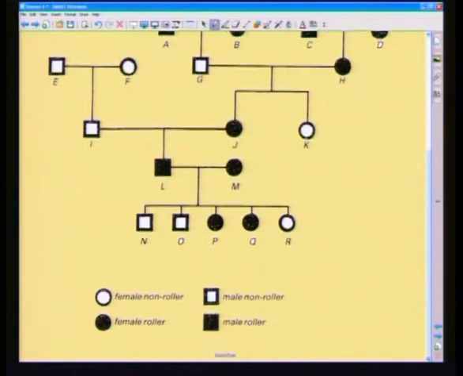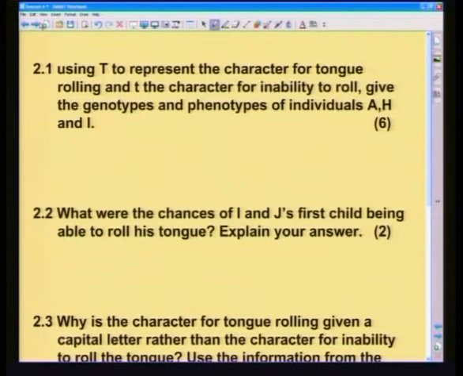Okay, it is a dominant characteristic. So let's just look at our questions and then we're going to go back to our diagram. It says, using capital T to represent the characteristic for tongue rolling, okay, so it's dominant, and the small t for the inability to roll the tongue, give the phenotypes and genotypes of the individuals.